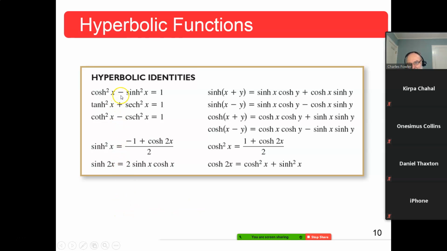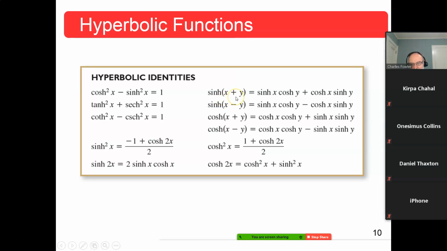Here is the difference. Here, for hyperbolic tangents and hyperbolic secants, it's a sum, whereas that's different from what it is for sines and cosines, the trig functions. And then this is the difference again, which is fairly similar to the difference you have in trig functions.